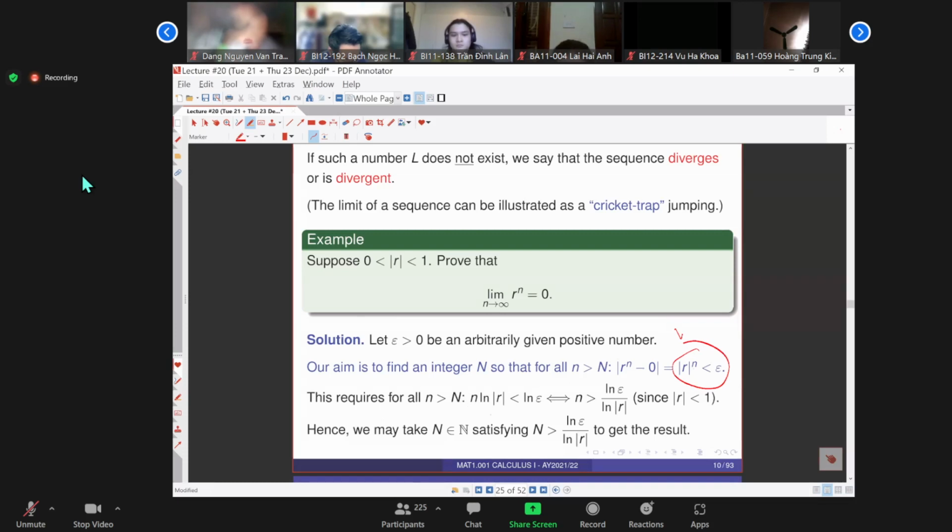You have n log|a| less than log epsilon. Mà bởi vì là |a| bé hơn 1 nên cái này là số âm. When divided by negative numbers, you have changed to n bigger than log epsilon over log|a|.